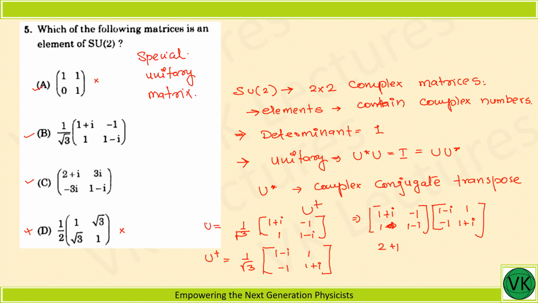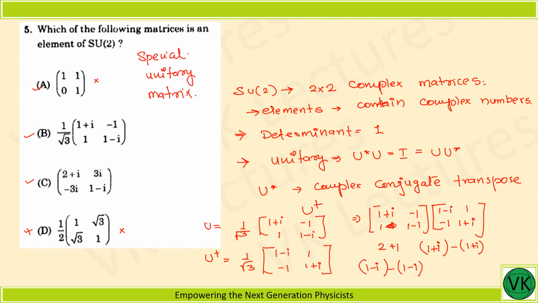Now the second term: 1 plus i times minus 1, plus minus 1 times 1 plus i, so this is minus of 1 plus i. The third term is 1 minus i times 1 and 1 minus i times minus 1, so that is minus of 1 minus i.